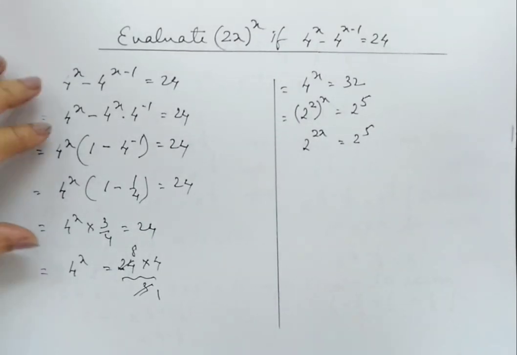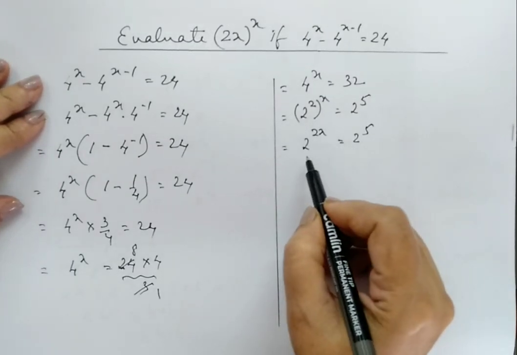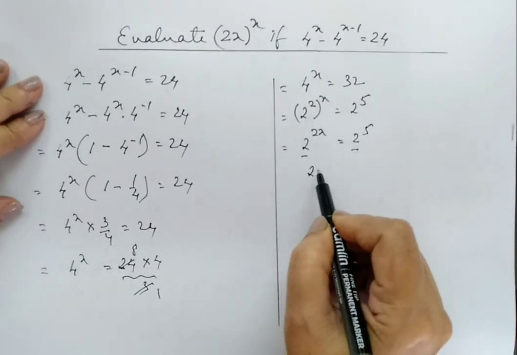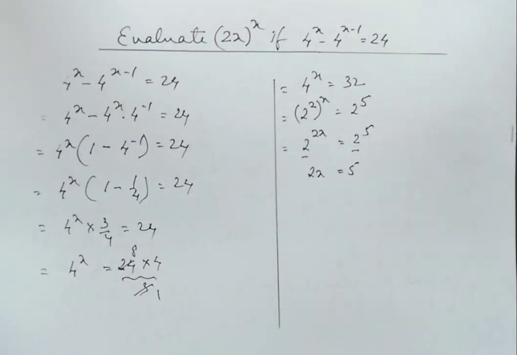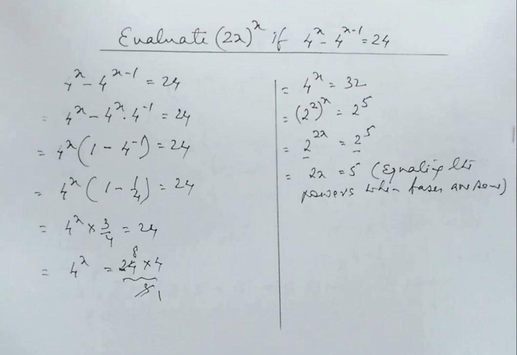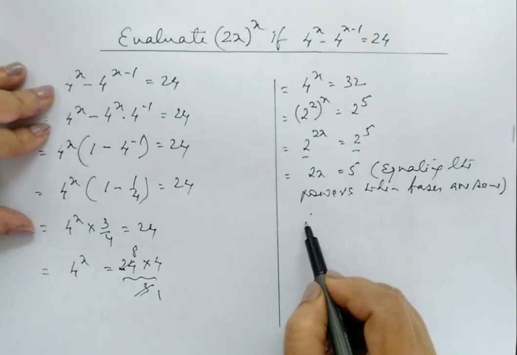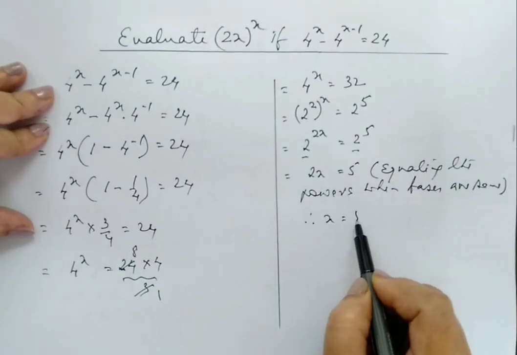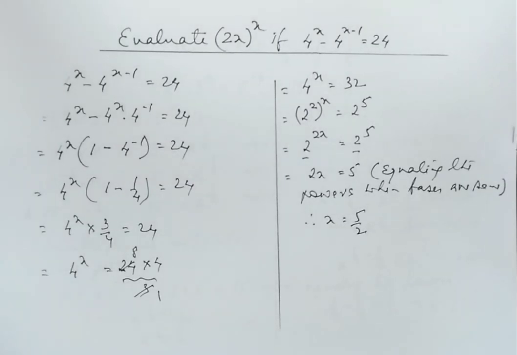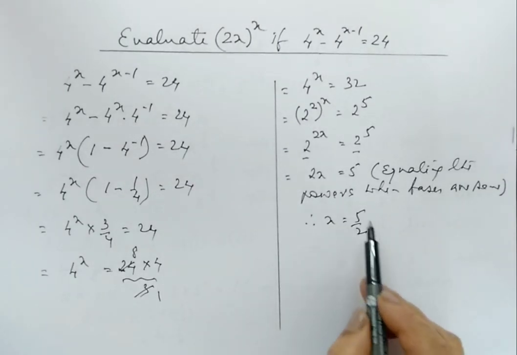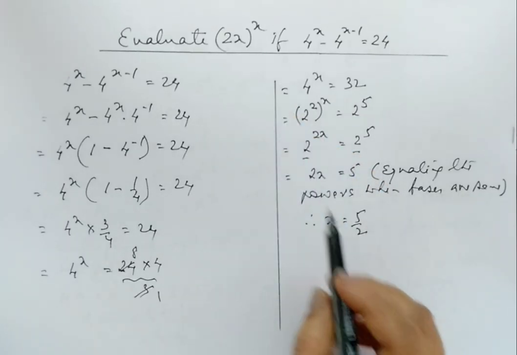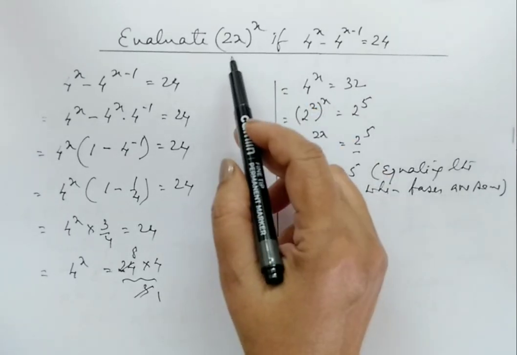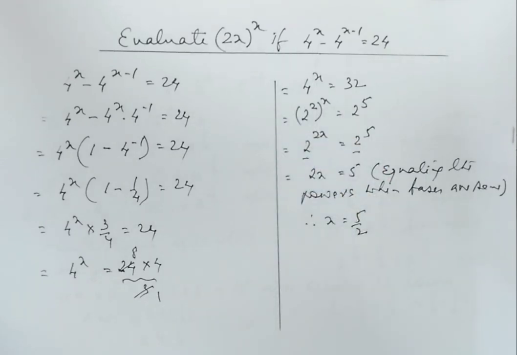Alright. So far so good. Now we have the bases same, which means 2x equals 5. And why so? Tell me. Correct. So therefore x is equal to 5 by 2. But this is not the answer we are looking for. We have to evaluate 2x to the power x.